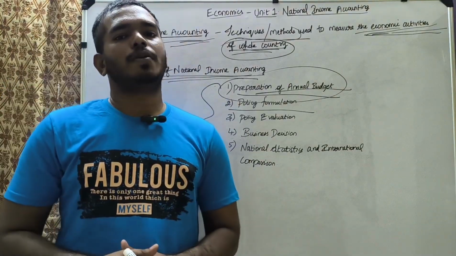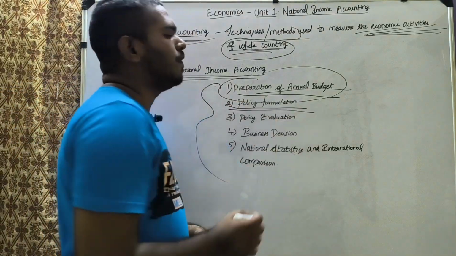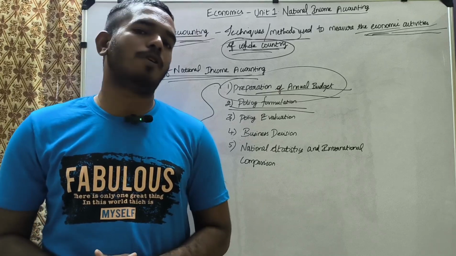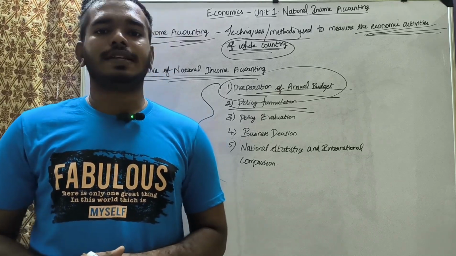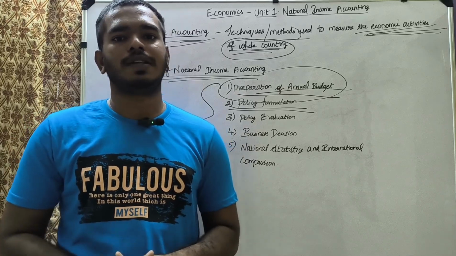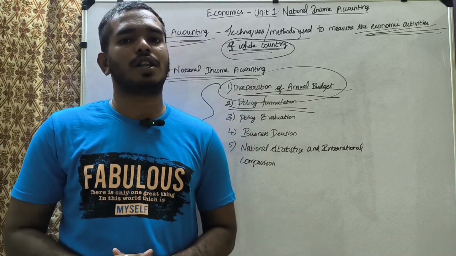The next purpose for calculating the national income is policy formulation. Government gives various policies to the citizens. It may be a welfare policy or an investment policy. For such policies, we need to know the national income of a country.